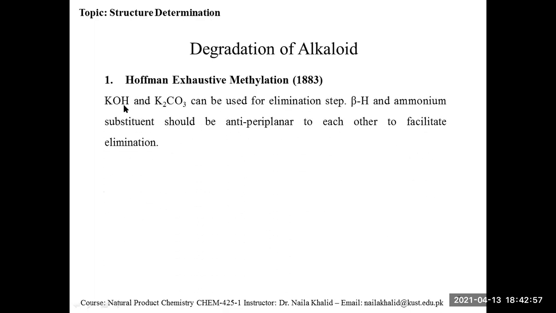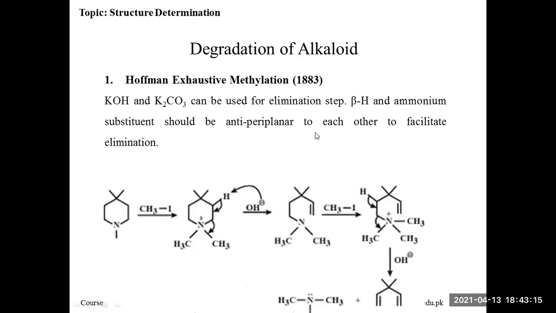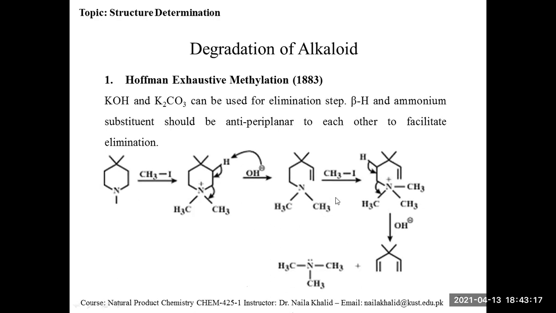Potassium hydroxide or potassium carbonate can be used as a base for the elimination step. It requires a beta hydrogen and an ammonium substituent that should be anti-periplanar to each other, meaning they should be opposite to each other. Here is the mechanism you can use.